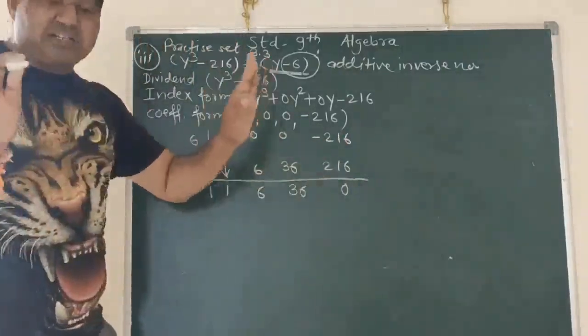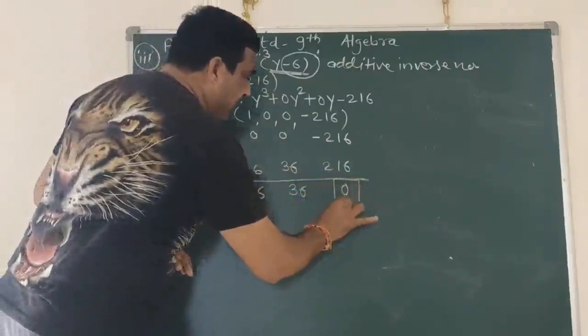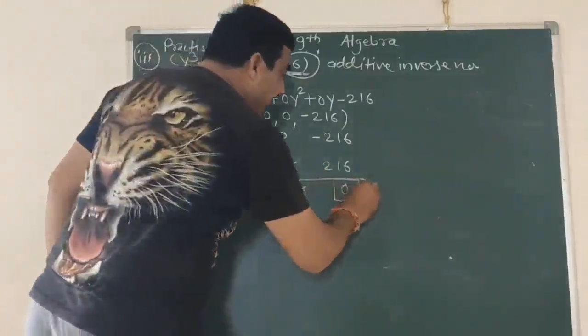Whatever the last term is, you have to make a bracket for the last term. This last term is your remainder.